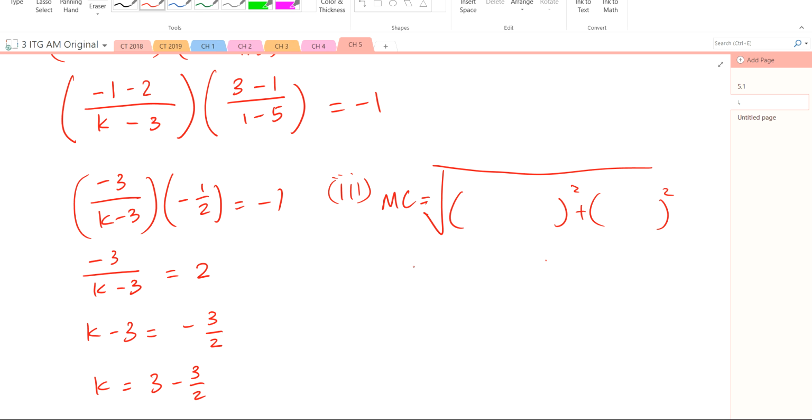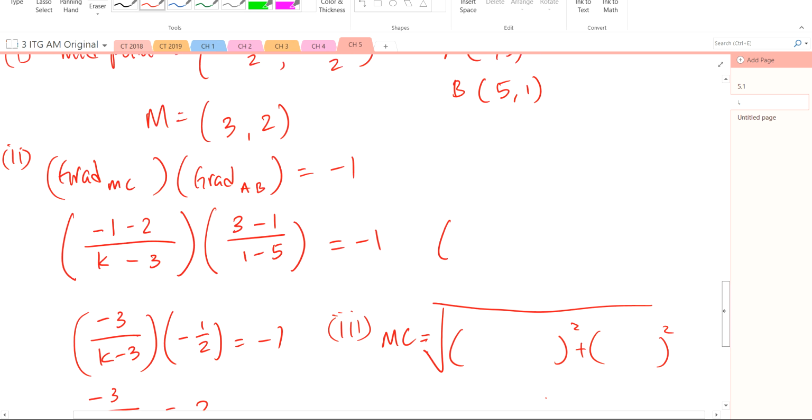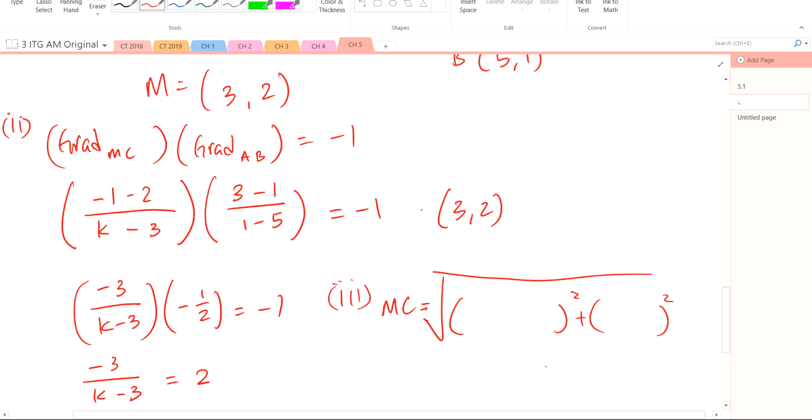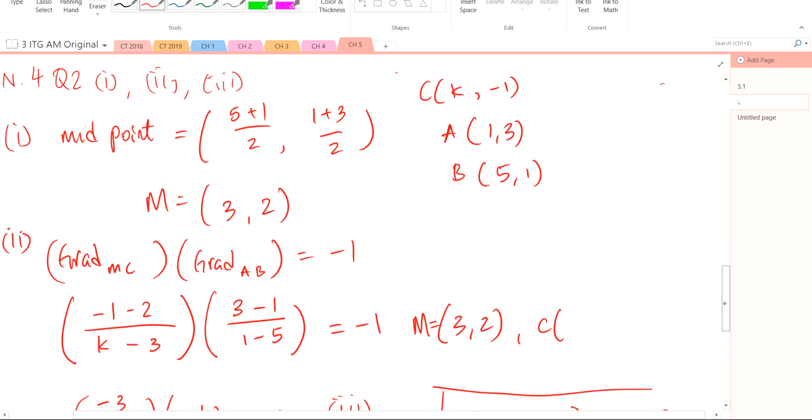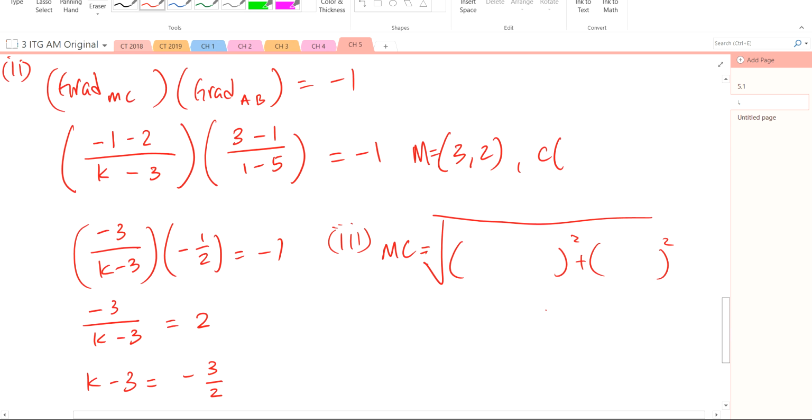Okay, MC, the coordinates of M is 3, 2. And for C, we've got K, negative 1. K is found to be 3 over 2. Negative 1. So the difference in the X coordinates, we square it. Add it to the difference in the Y coordinates, square it. And square root the entire thing. Difference in X coordinates, 3 minus 3 over 2, square. 2 minus negative 1, plus 1, square it.